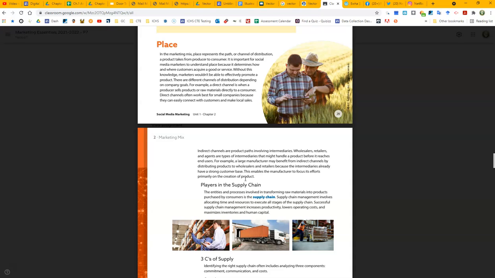So we follow the supply chain from the raw materials, like for instance, when you get a Big Mac at McDonald's, you got to consider the materials that are used to make the bread, where the bread's manufactured, because we know they're not making the bread in the store. The cows that are used to make the meat for the hamburger, and the condiments. All these things are a part of the supply chain. So those are the raw materials.